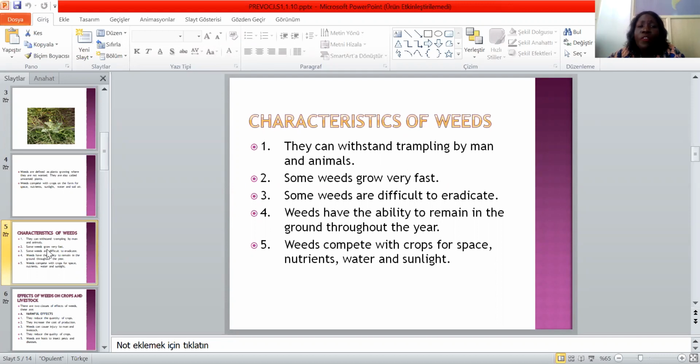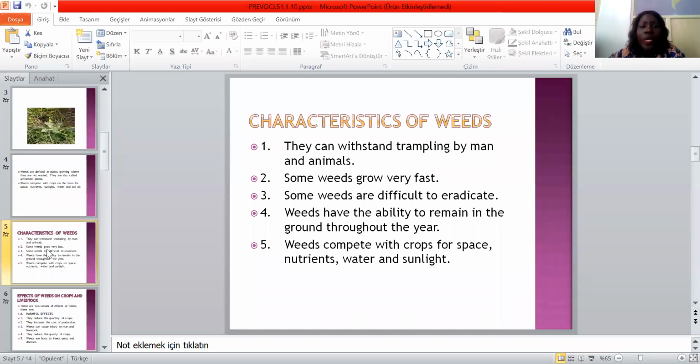Then some weeds grow very fast. They have the ability to grow faster than the original plants. Once the seed are in the soil and the conditions are favorable unto them, you see them sprouting, germinating, and they grow very fast. They compete with your crops for soil fertility, for soil water, for space, and for sunlight.